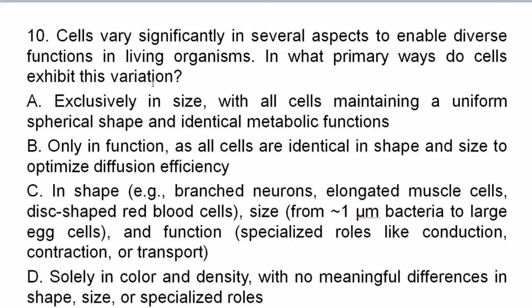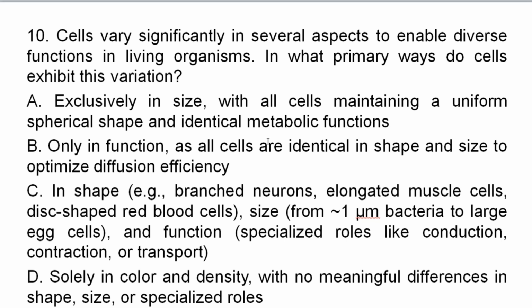Question number 10. Cells vary significantly in several aspects to enable diverse function in living organisms. In what primary ways do cells exhibit this variation? A. Exclusively in size, with all cells maintaining a uniform spherical shape and identical metabolic functions. B. Only in function, as all cells are identical in shape and size to optimize diffusion efficiency.